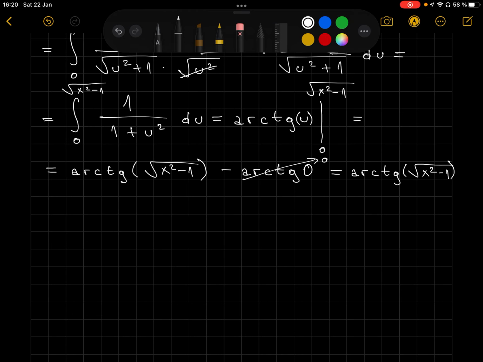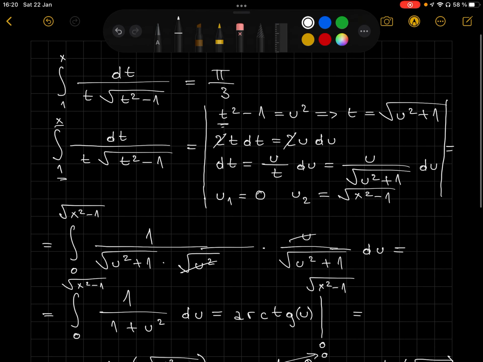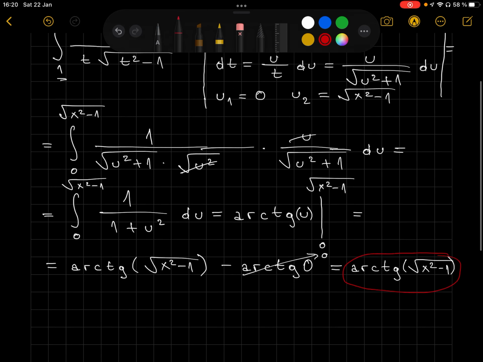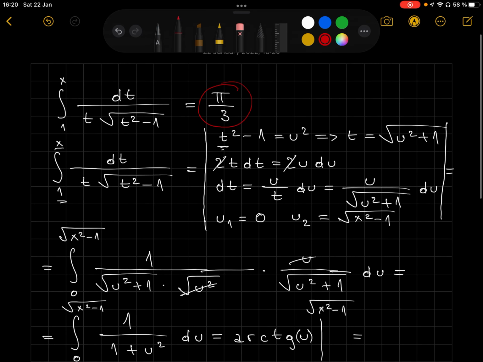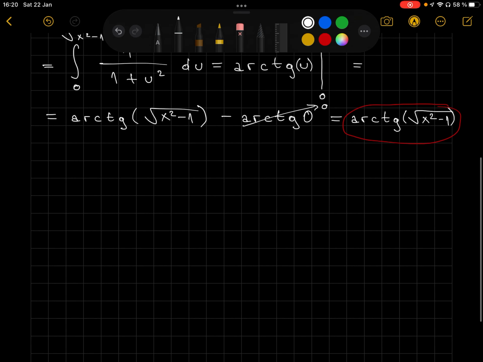And now we have to set this as equal to pi over 3 from our original equation. So the arctangent of the square root of x squared minus 1 is equal to pi over 3.